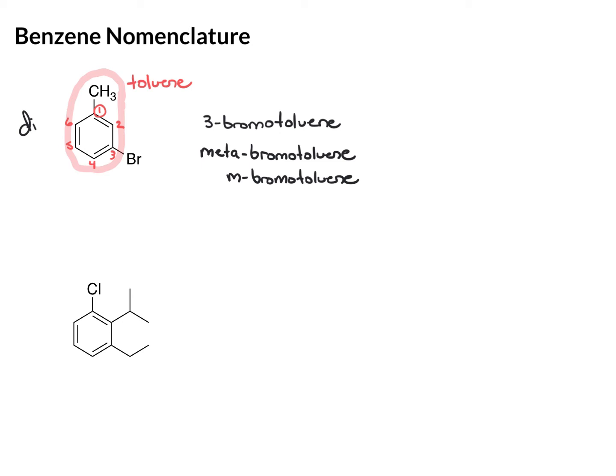In our next example, we have a tri-substituted benzene. None of these substituents are part of a common derivative. So here, our parent is simply going to be the benzene ring.